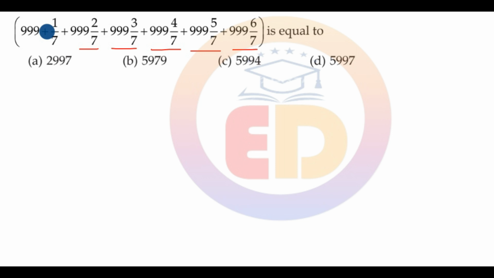Now friends, here if you actually try to solve this question by multiplying or by converting the mixed fraction to fraction and then adding them, it will take a lot of time. An easy approach will be to separate this 999 from all the fractions.